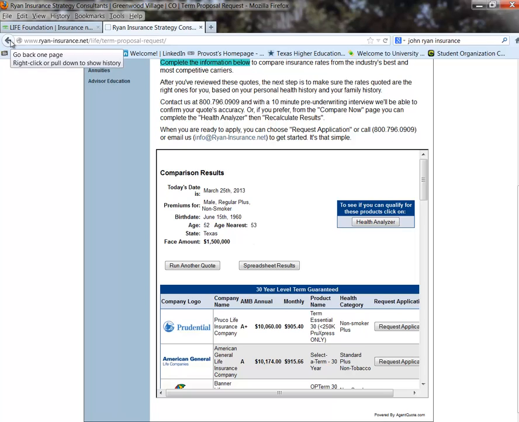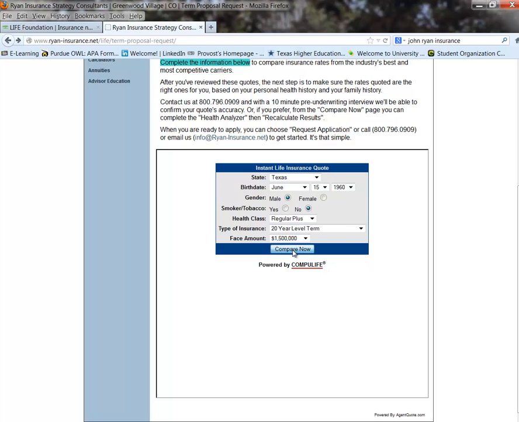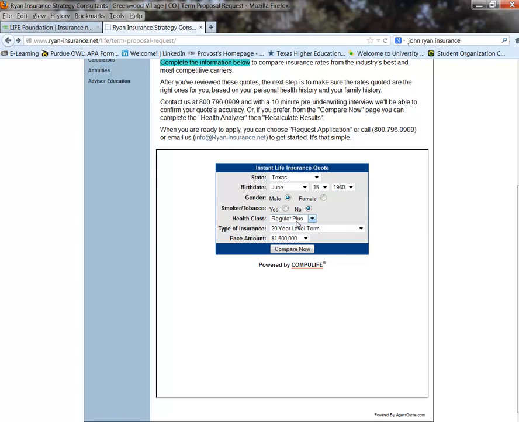Now, we show that the premium's $10,000 here. What if we lowered that down to a 20-year? Okay, it's going to decrease. See, it's now $4,000. You see the big difference, because we got close to that age of 80. See, if we go down to 10 years from now, it's not going to make that big of a difference.